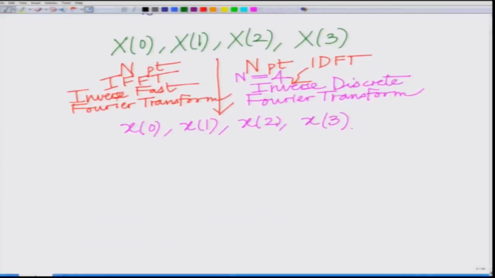Therefore, now what you have is small x of k, which corresponds to the inverse fast Fourier transform.